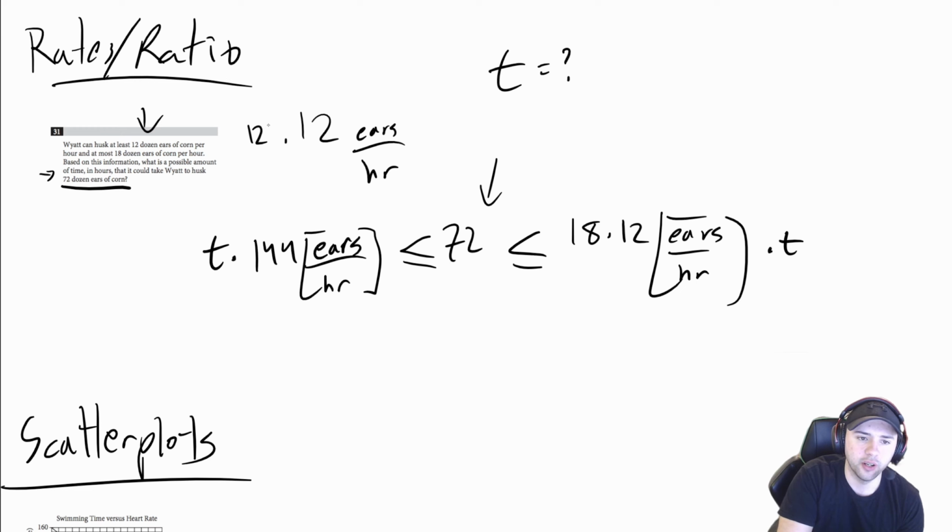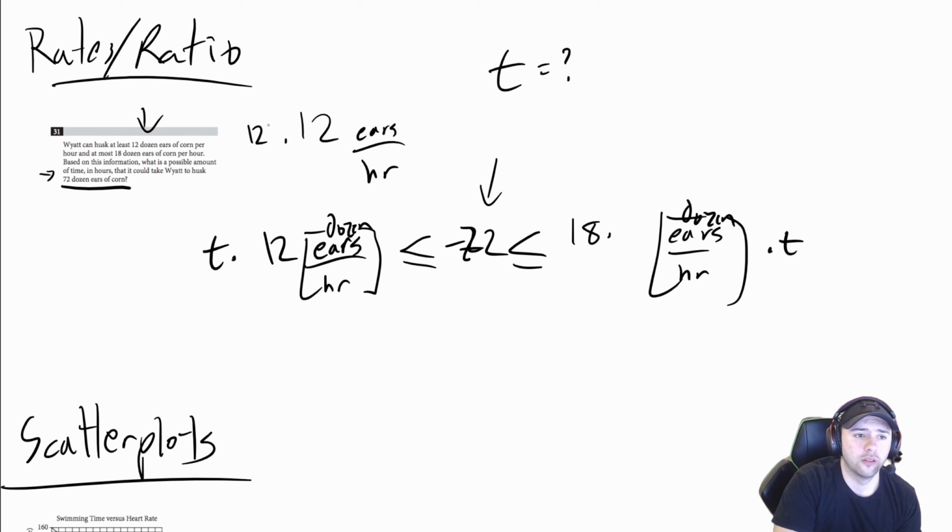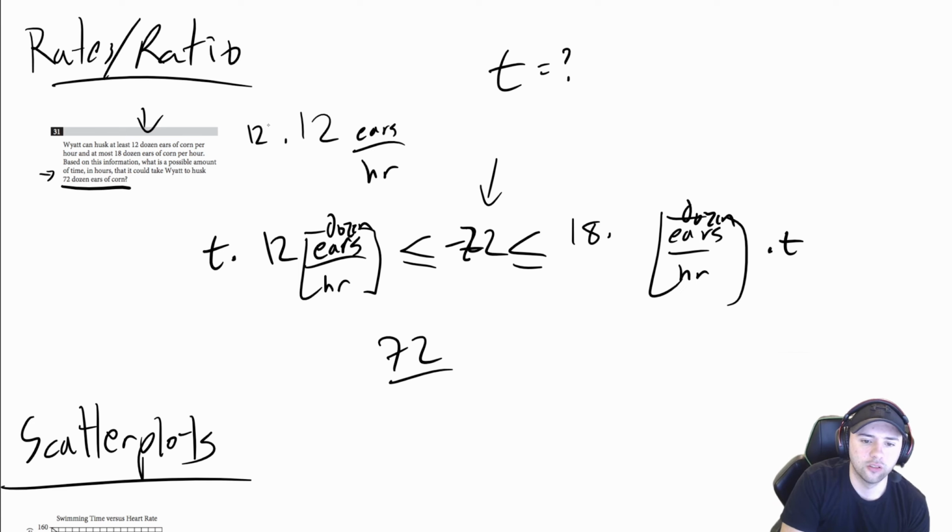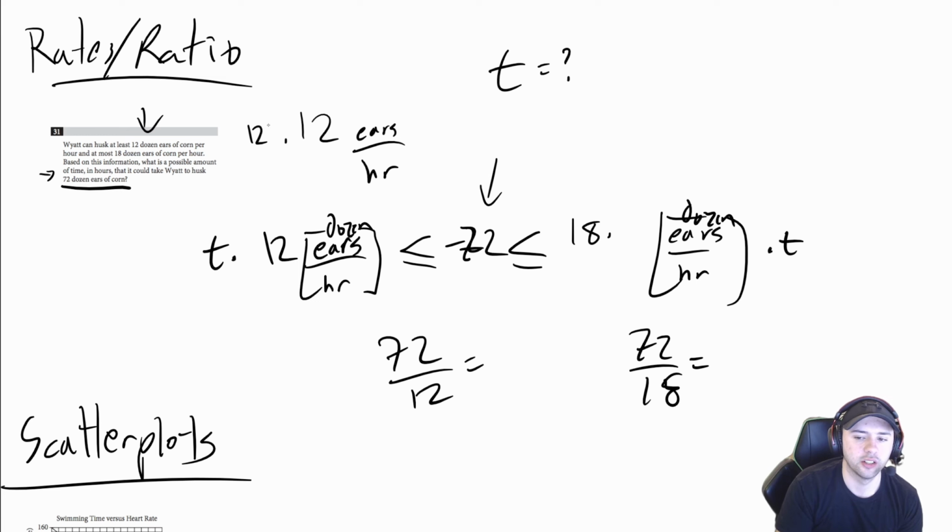And to make my math easier, I'm just going to say that these are in dozens. So it's 12 dozen ears as a minimum, and 18 dozen ears. So we can say 72 over 12 would be equal to a certain number, and then 72 over 18 would be the upper end of hours it would take.